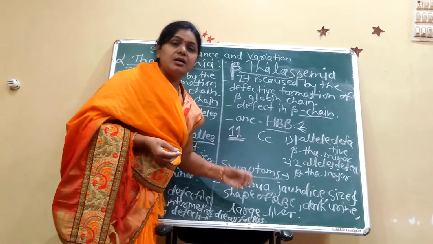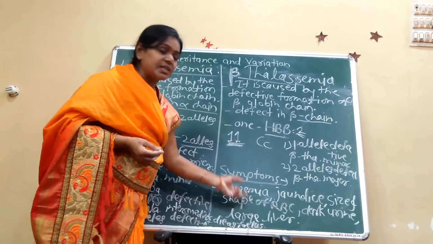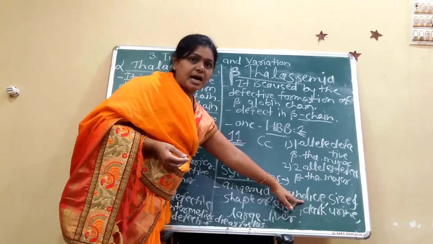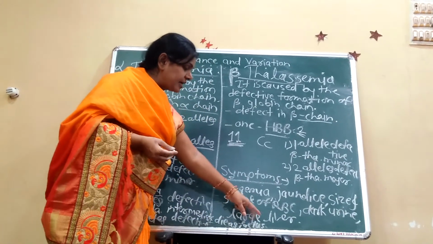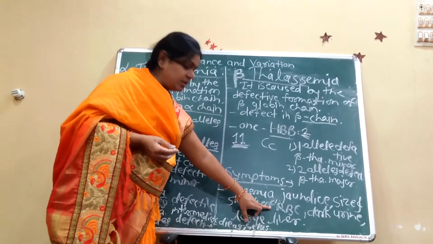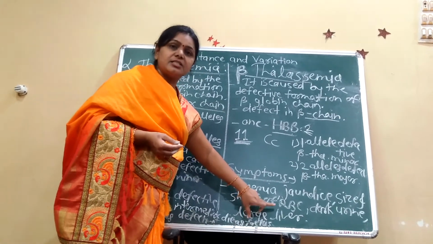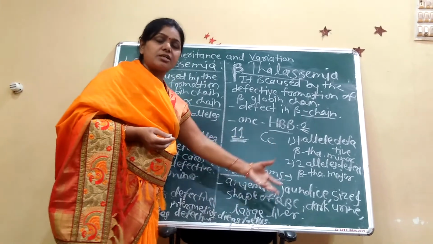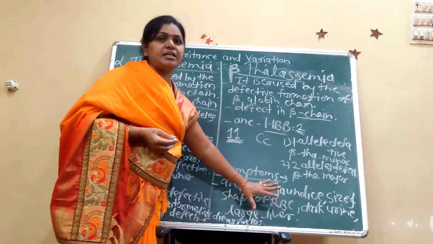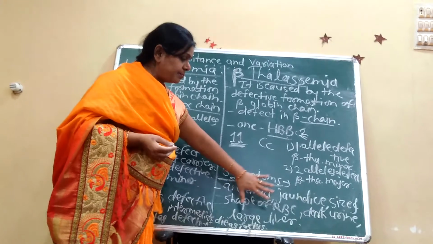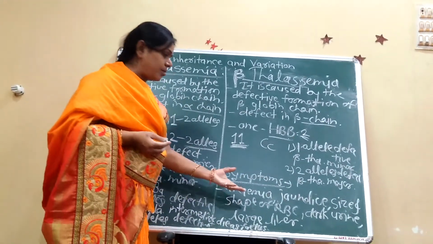When there is a defect in the liver, the urine is dark, and the defect in the liver is because the liver does not get sufficient oxygen. That's why these symptoms are formed.